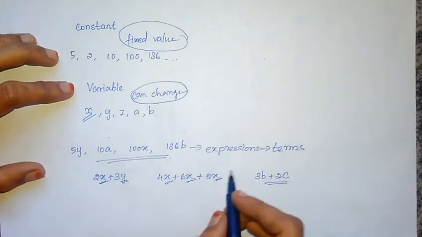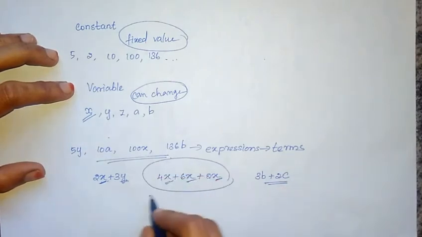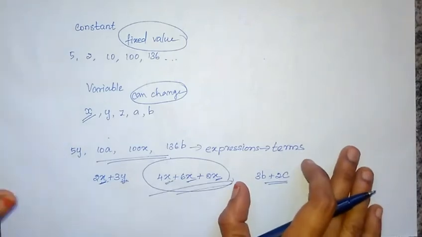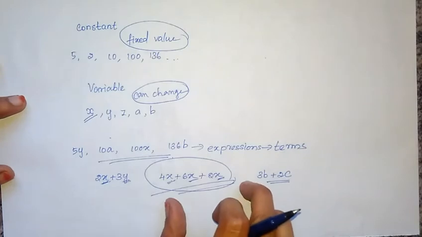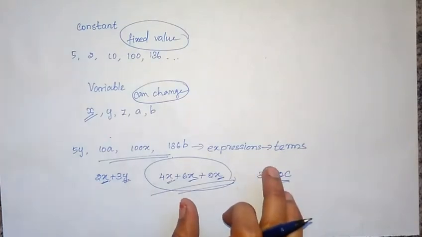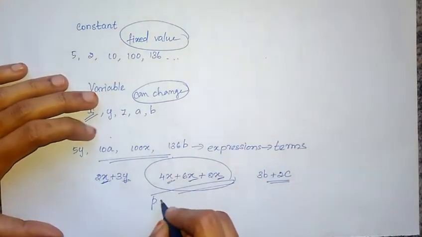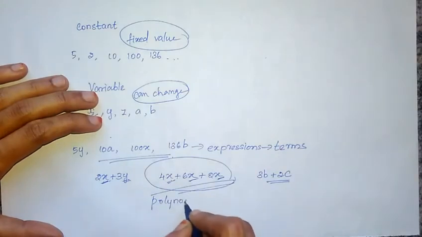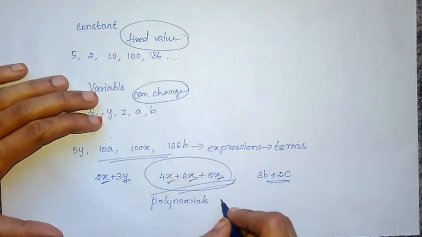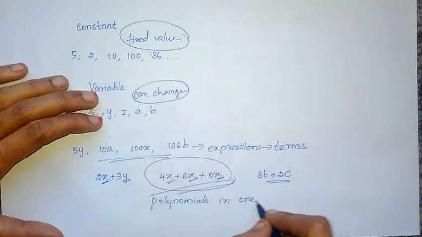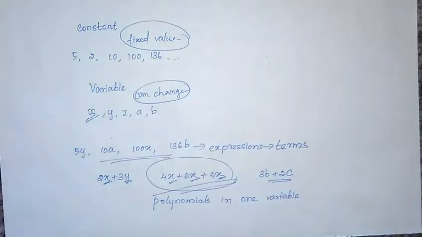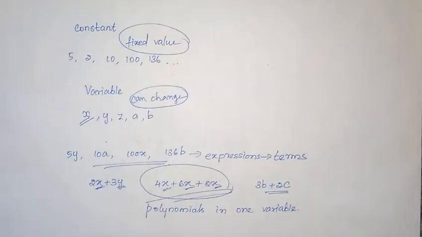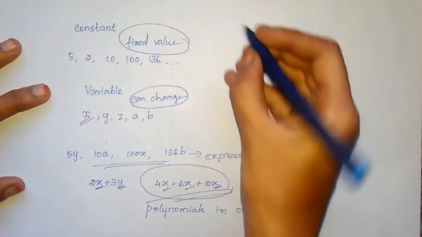So this polynomial has only one variable. So these kinds of polynomials are called polynomials in one variable.